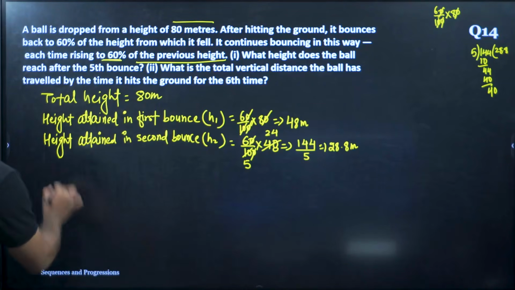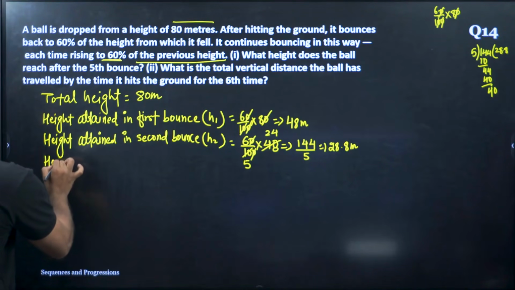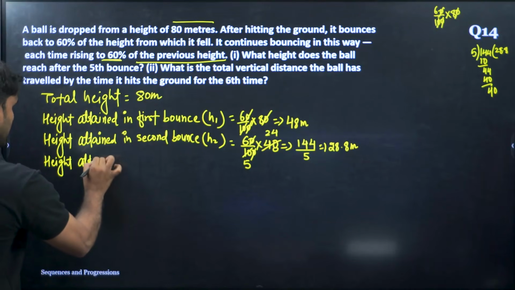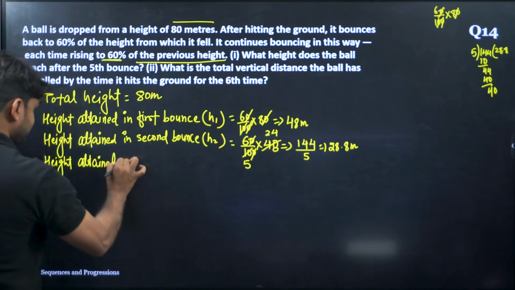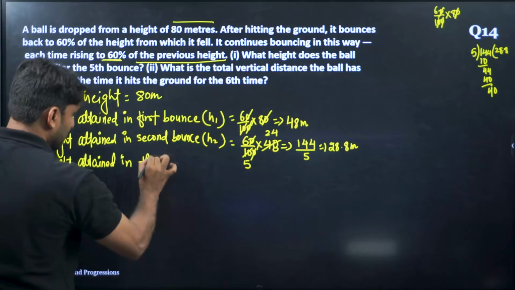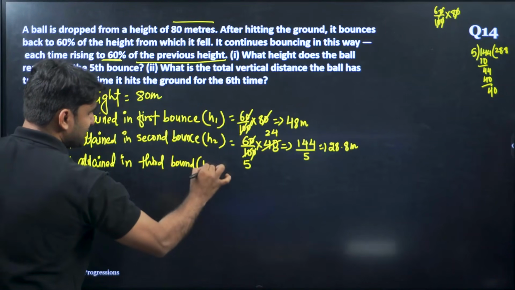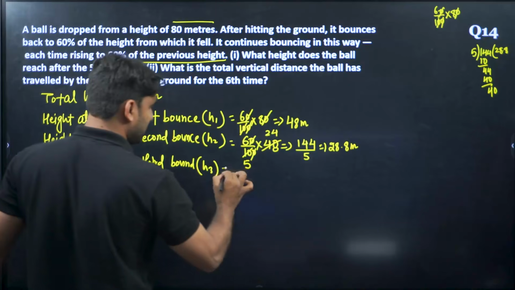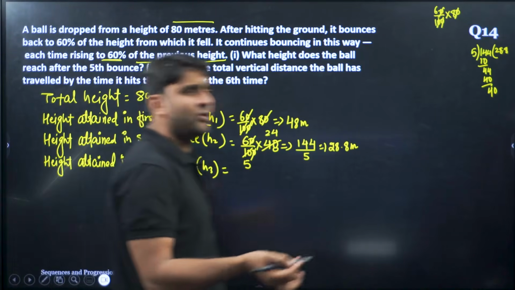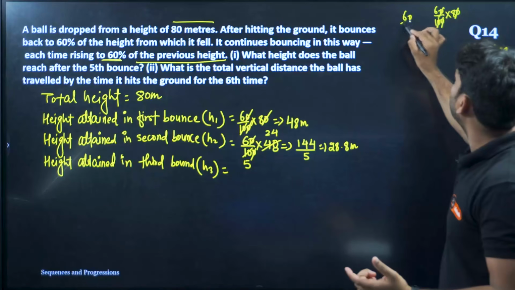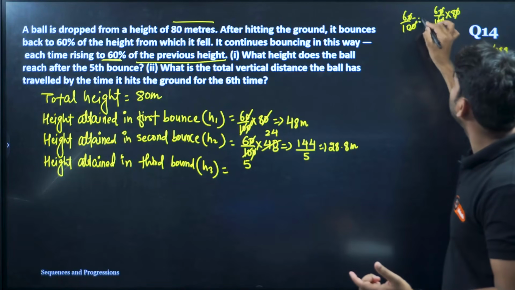Now height attained in the third bounce, H3. So again 60%, and 60% means what? We can use a short method. 60% means 60 by 100, which is 0.6.